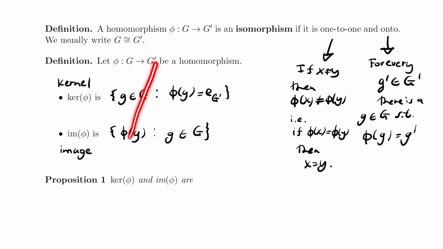It's a set of things that lie over here. So the claim here is that kernel of phi and image of phi are subgroups of G and G prime, respectively.